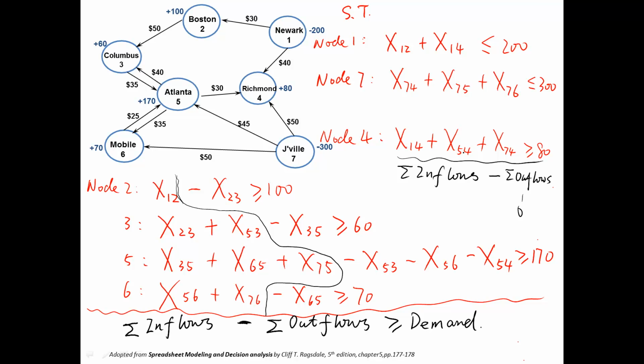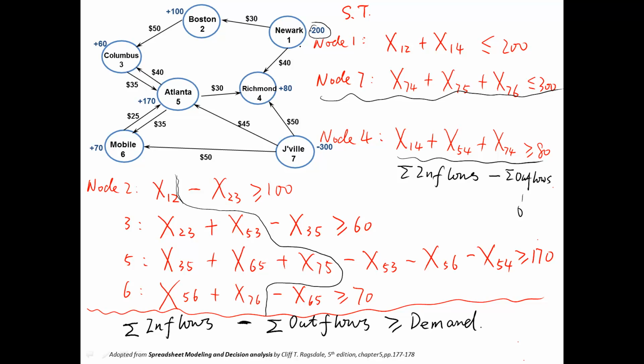Then let's see, can we apply this to the supply node? And I'll give you a hint. To change that in the same format, we need to use a negative value to represent the supplies.